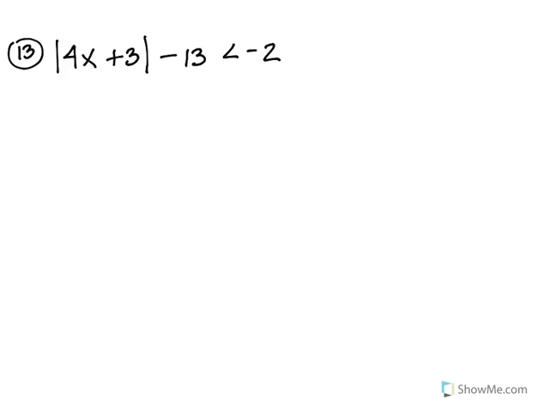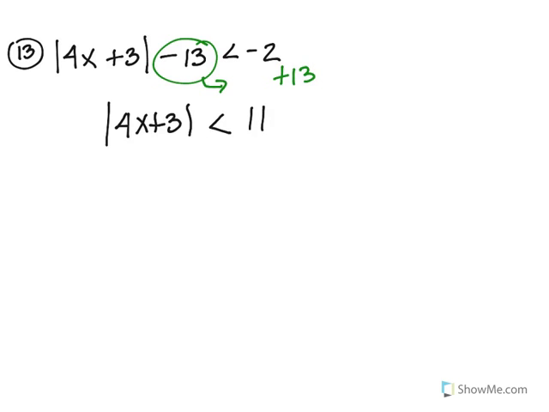Now, you first got to get the absolute value by itself before you can split it into the two separate problems. So that means I got to get rid of negative 13. You cannot work this with negative 13 sitting right there. So if it's minus, you're going to add it to the other side. So that's going to leave me with my absolute value is less than positive 11.